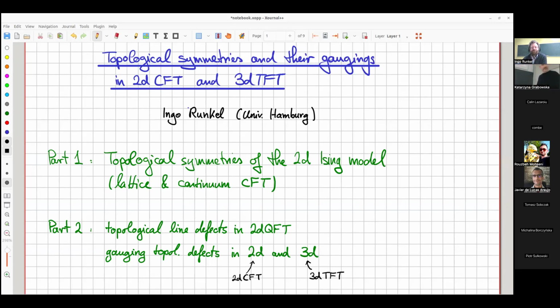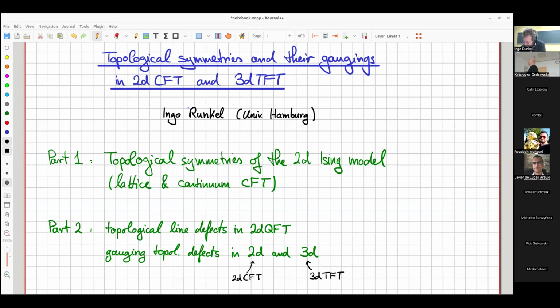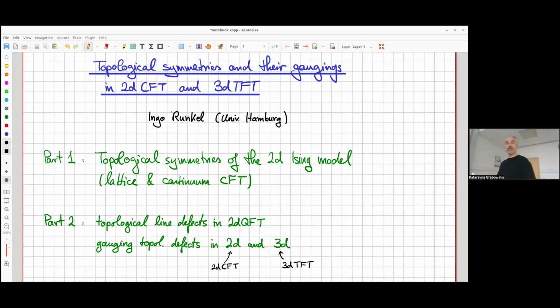We're recovering after a long Christmas break, and it feels like Christmas is still with us here, because I have the great pleasure to welcome and introduce today's guest and speaker, Professor Ingo Runkel of Universität Hamburg. Ingo is a renowned expert on low-dimensional field theory, in particular conformal field theory.